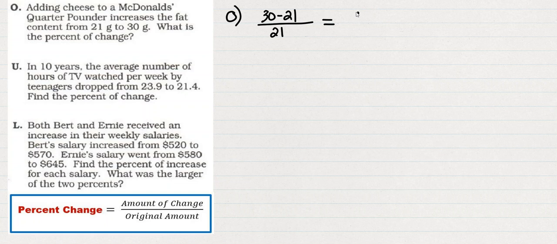And that gives me a 9, and 9 divided by 21 gives me 42.9% change. Wow, that's a significant increase, isn't it?